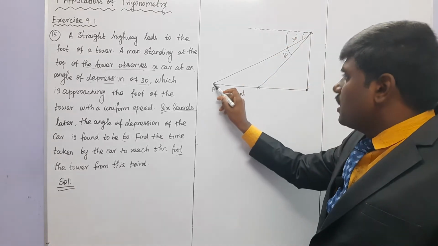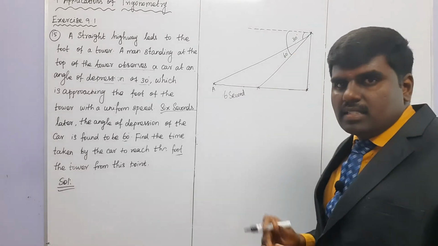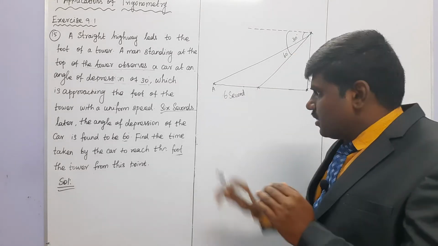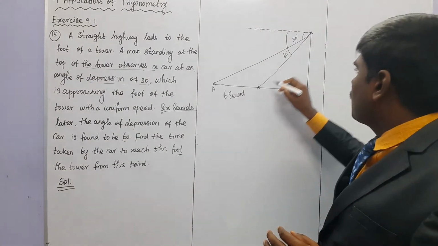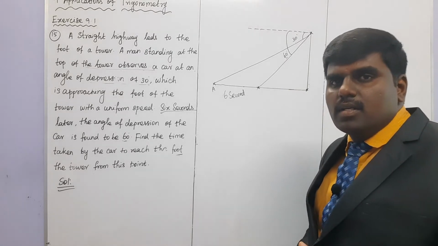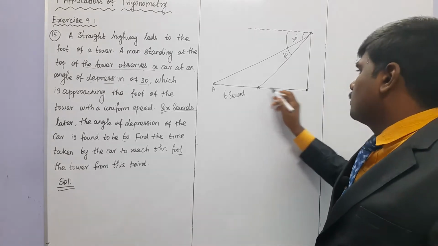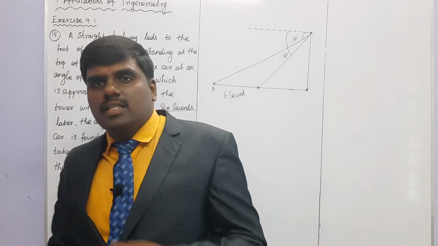The first angle of depression is 30 degrees. Next, 6 seconds later, the car is nearer the foot of the tower, and the person observes the angle of depression as 60 degrees. So what time does the car take to reach the foot of the tower? This is the question.